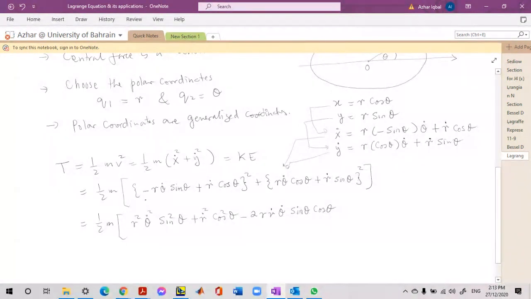Okay, so this is the expansion, and now you consider this expansion. It gives you r square theta dot square.